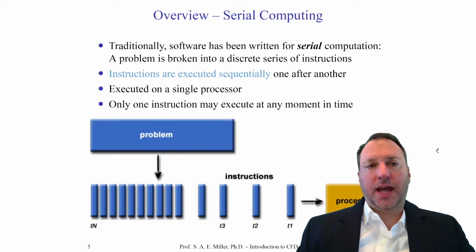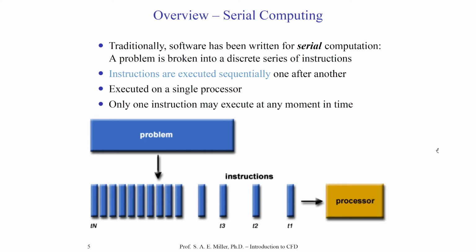Let's first look at the classic serial computing approach from a big picture. Now, traditionally, software has been written for serial computers and computations all the way since the 1950s, when, of course, digital computing was really taking off and the golden age of computing started. Now, a typical problem, just like an equation solved on a computer, would be broken down into discrete series of instructions.